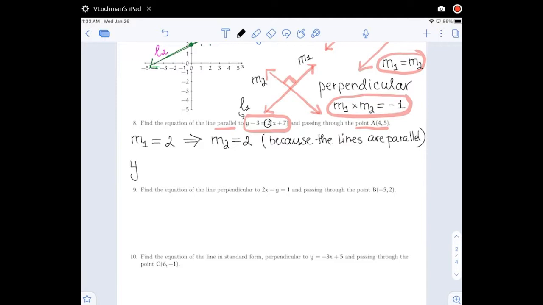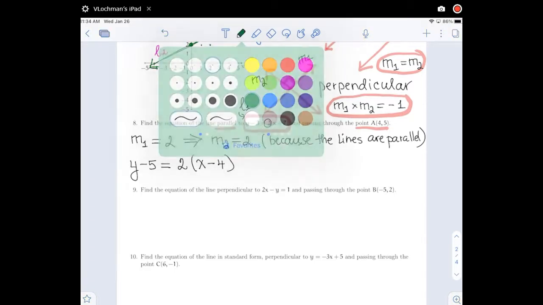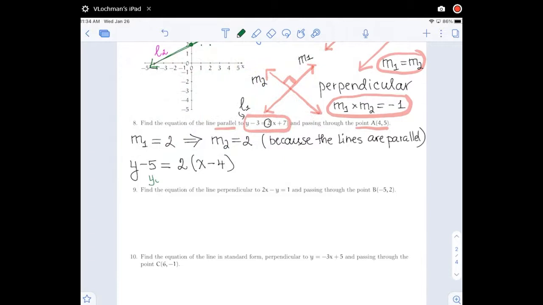So that would be y minus 5 is equal to slope is 2, x minus 4. Okay, again, let me label everything here. Here's my y coordinate, this is x coordinate, this is my slope 2, right?